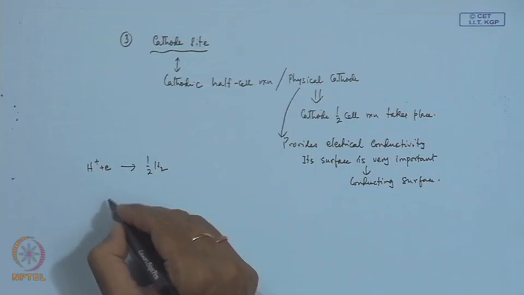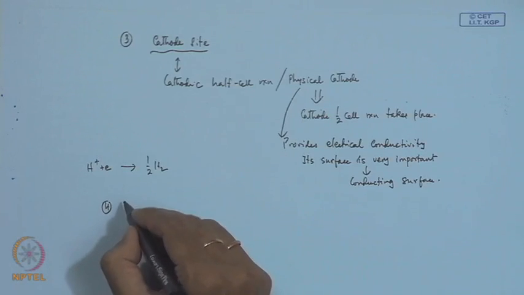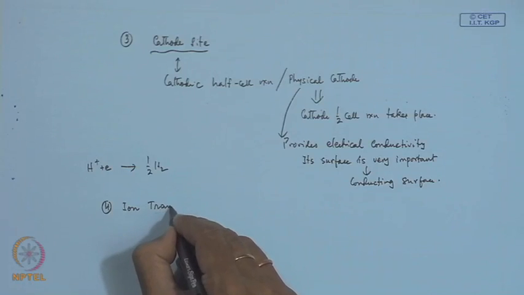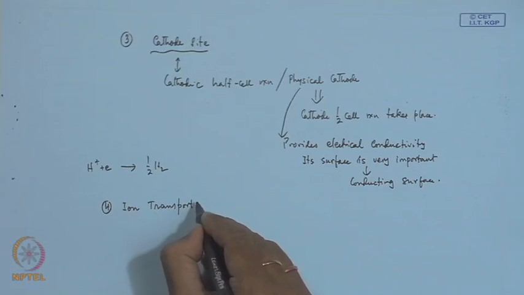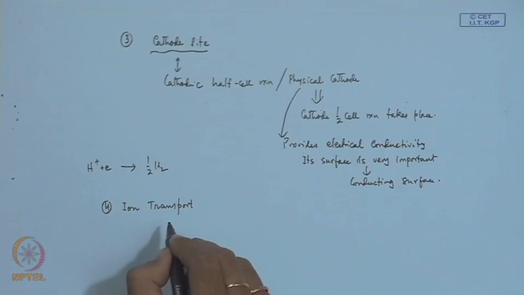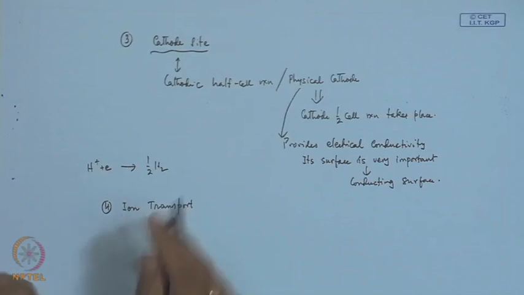Next, the fourth one is ion transport. Now, in this process ionic transport is very important.